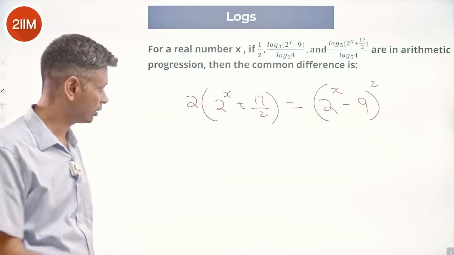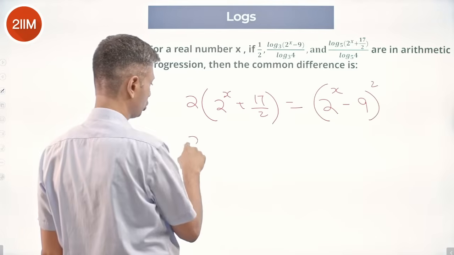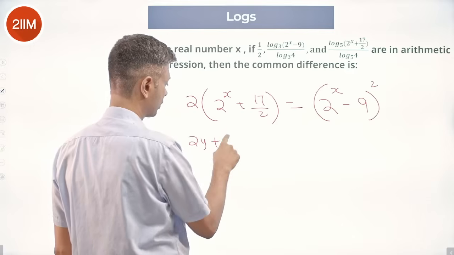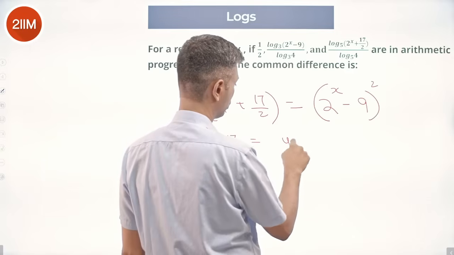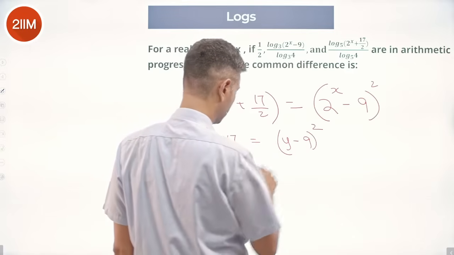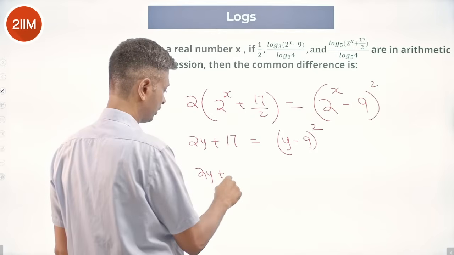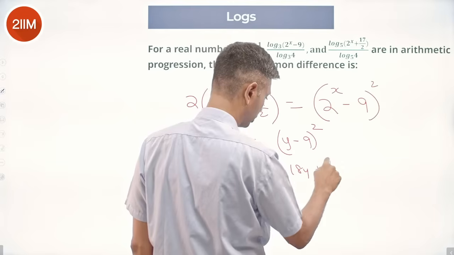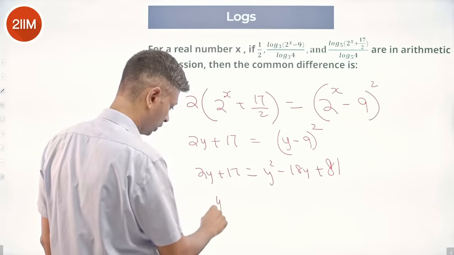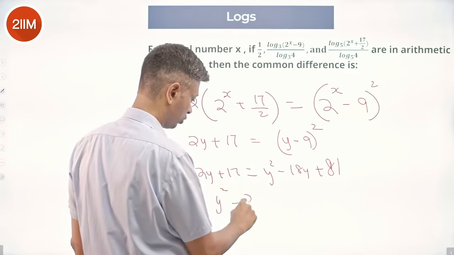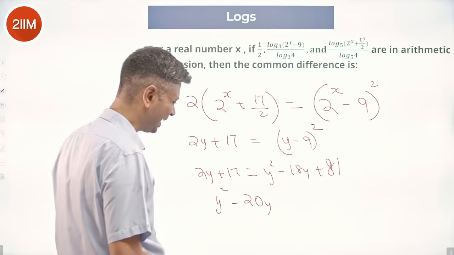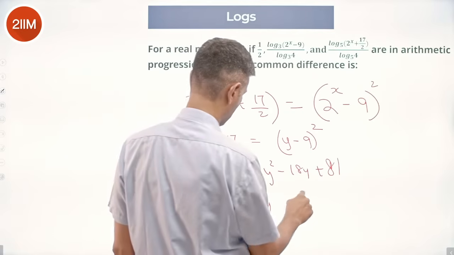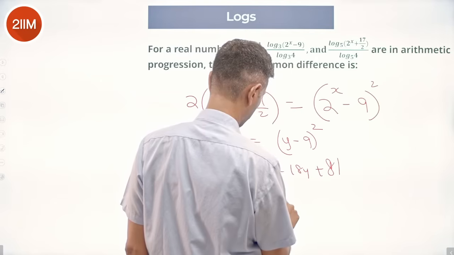So this is y minus 9 the whole square. 2y plus 17 equals y minus 9 the whole square. 2y plus 17 is y square minus 18y plus 81. So y square minus 20y, 81 minus 17 is 64.